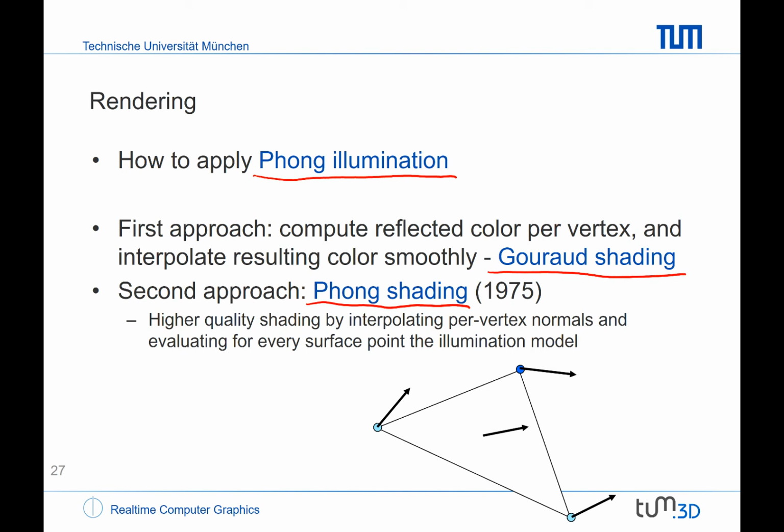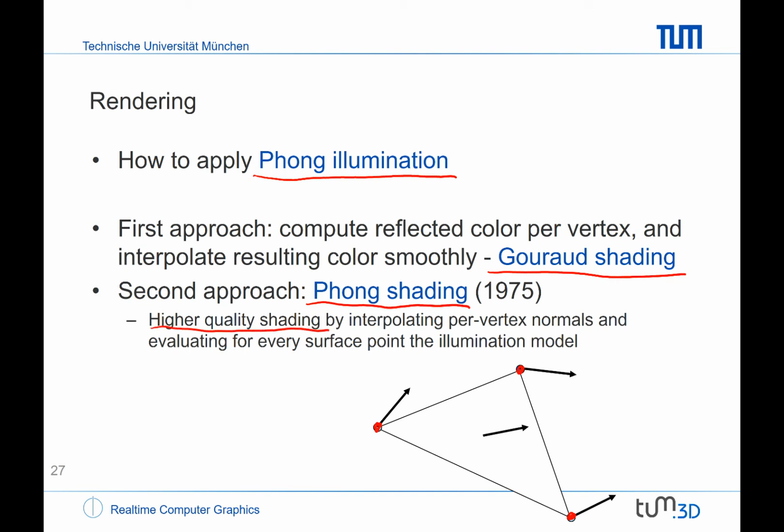Now with Gouraud shading, we just evaluate the Phong illumination model at the vertices, and the resulting colors will then be smoothly interpolated across the triangle. Phong shading now says, okay, we do it in a better, but also computationally more expensive way to obtain higher quality shading.